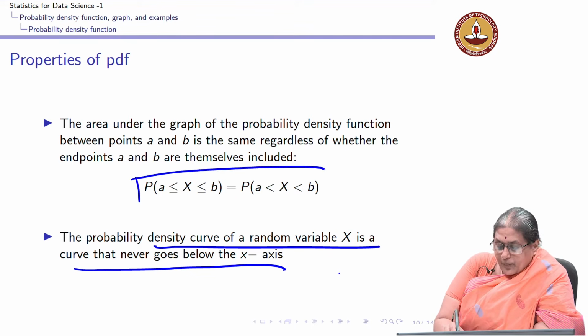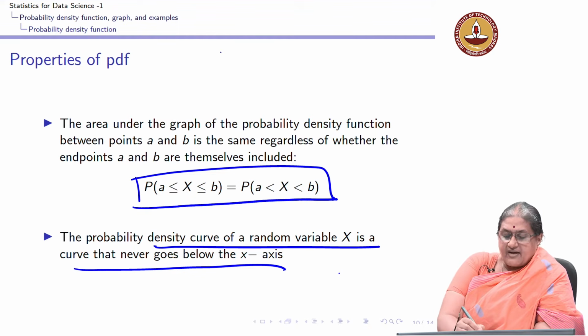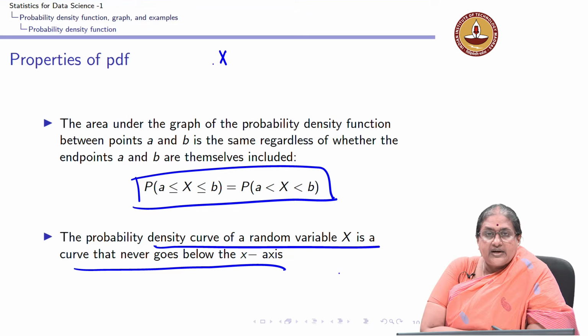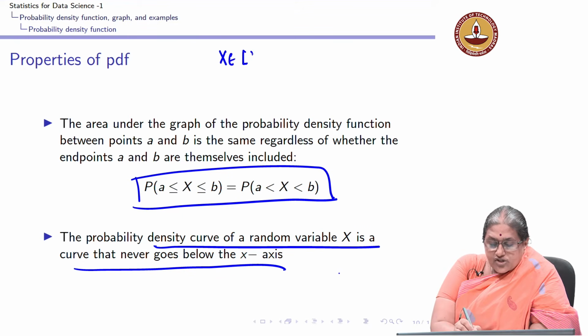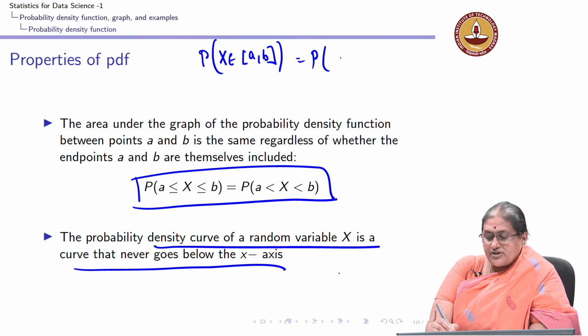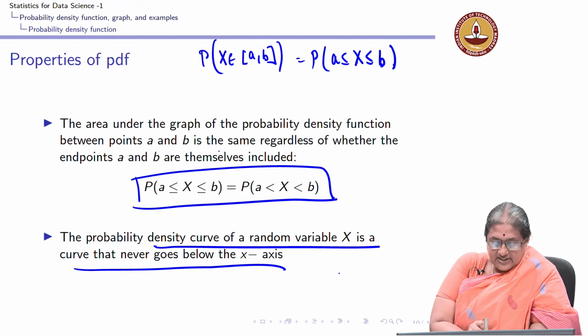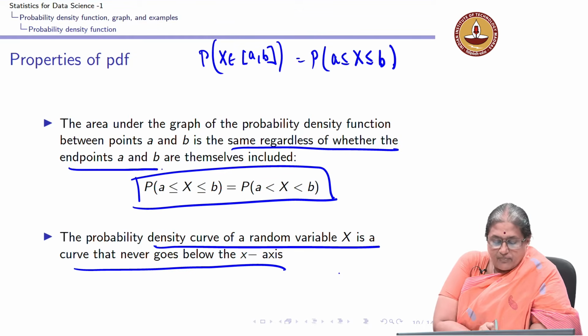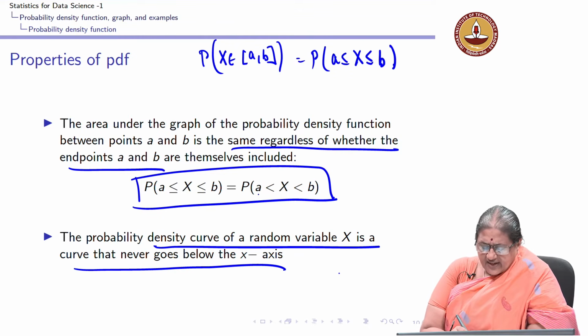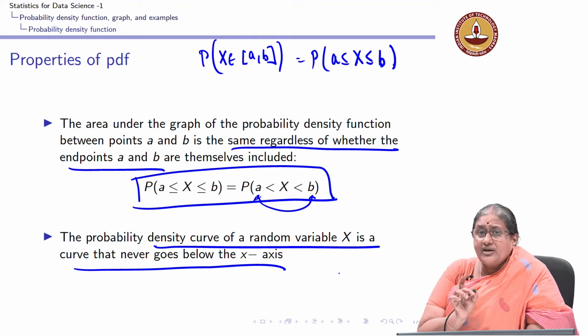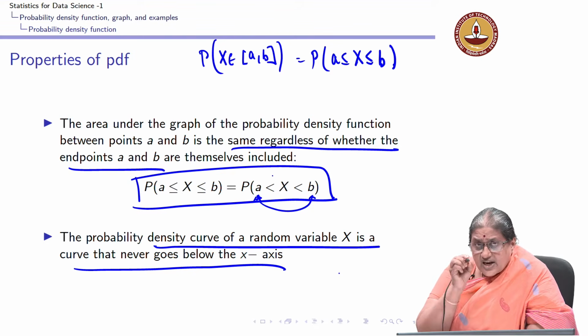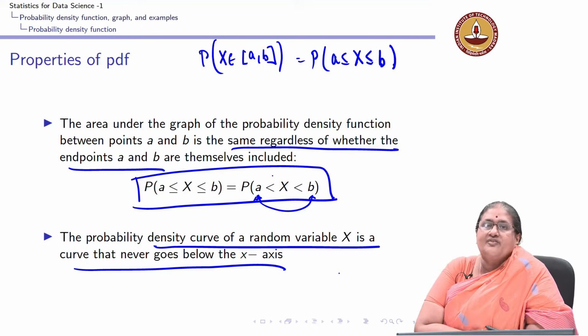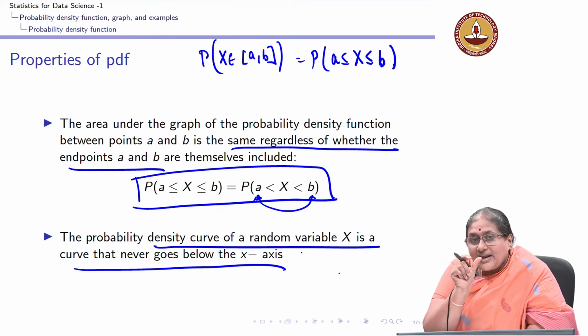Now, there is a very important property which says that when I am looking at a continuous random variable, the probability that x belongs to (A, B) is the same as the probability that A is less than or equal to x is less than or equal to B, regardless of whether the end points are included. In other words, when I am talking about a continuous random variable, the chance that it takes a particular value is 0; it takes a value in an interval.